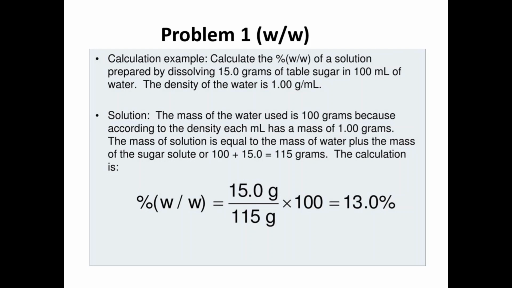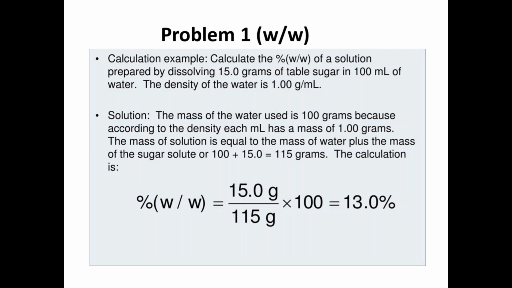The mass of the solution is equal to the mass of water plus mass of the sugar. Mass of water is 100, mass of sugar is 15 grams, so total mass becomes 115. So 15 divided by 115 into 100. So the percent is 13%.